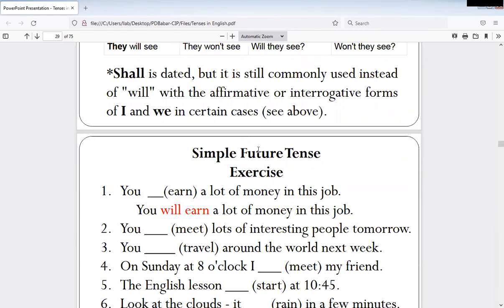All of these three main tenses have subtypes like simple tenses, continuous tenses, perfect tenses, and perfect progressive tenses. So these are the four types each tense has.